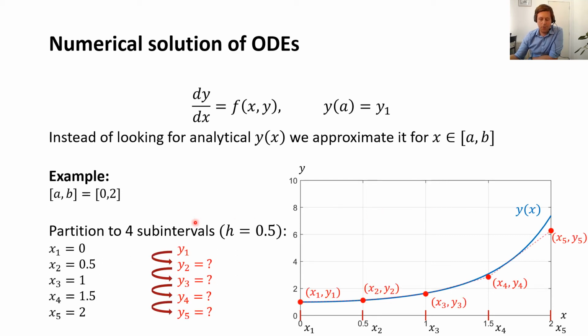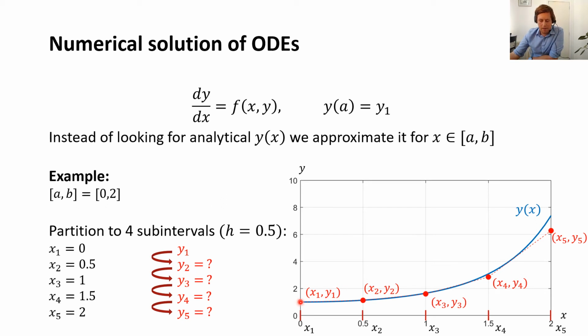And then using a numerical method, we start from this initial condition because at x1 we have that y of 0 is equal to y1, and that is specified in the initial value problem. So this point here, the first point, is known.